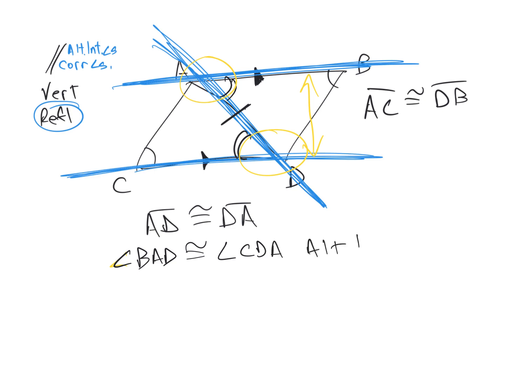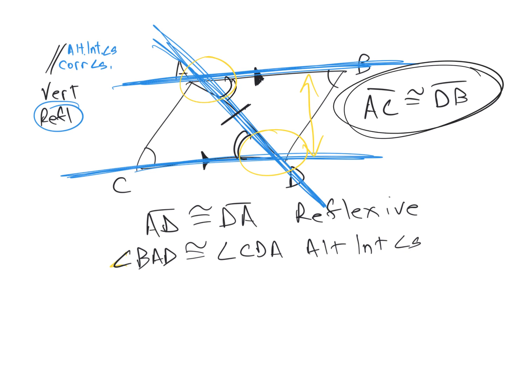Alternate interior angles. No, you got angle, side. No, you didn't do this part. AC and DB, that's not marked. How did you get angle, side? Yeah, so you have a couple different ways you could say it. Angle, angle, side.